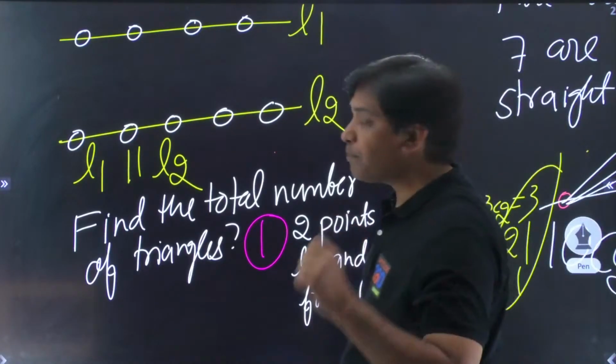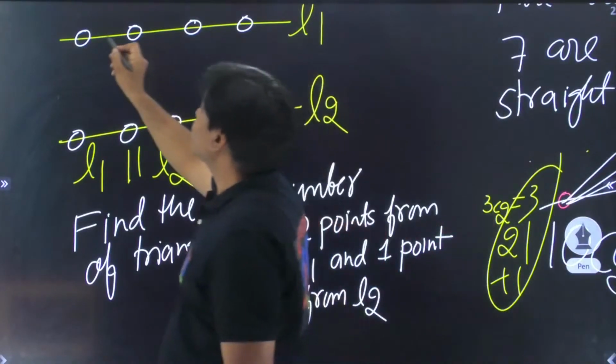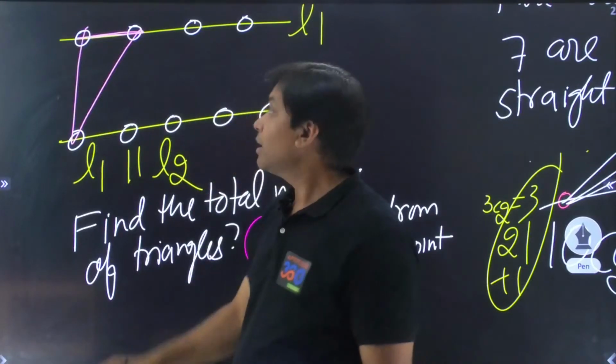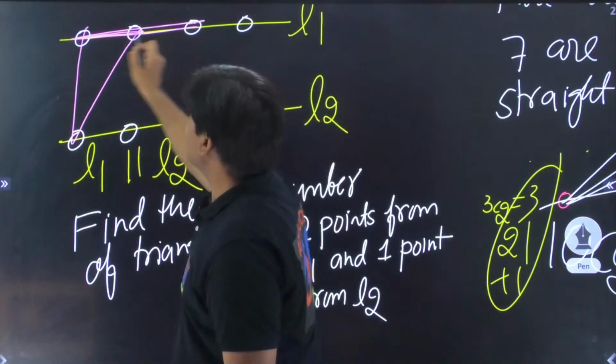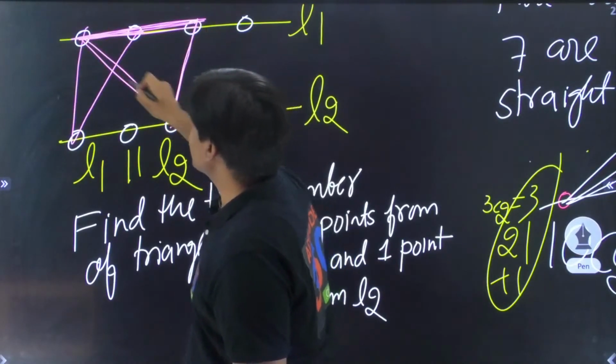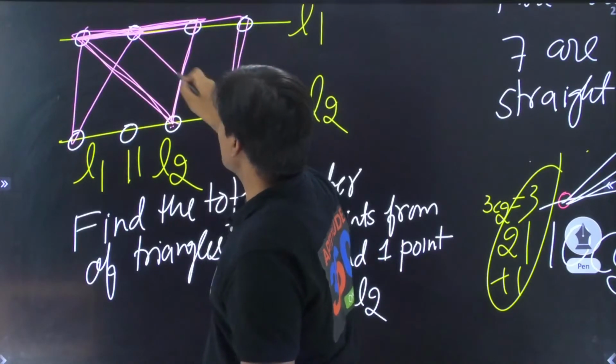इसका मतलब क्या हो गया कि यहां पे 2 points from here. Can this be a triangle? Yes, it can be a triangle. If I take these 2 points, and I take 1 point from here, is it also a triangle? Yes, this is also a triangle. If I take these 3 points, this is also a triangle.